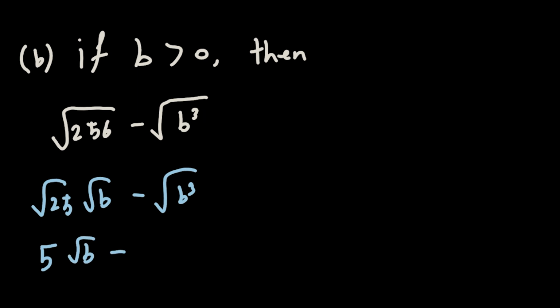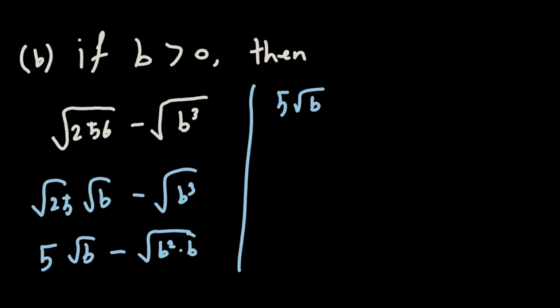Minus, here we can simplify it. We can write it as the root of p squared multiplied by p. Let's see. We'll write this as it is, but here we have to bring p out. Since p has an even power, we have to add an absolute value, and then we will have the p.